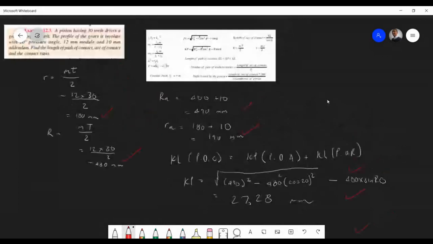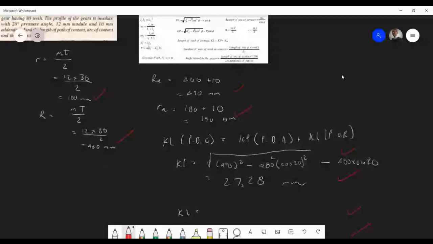What is RA? RA is 190. Then I have 180. I keep my same values in my calculator, so I don't have to type in again. Then 480 again, and sine whatever. If we get your path of recess, I get 24.98.